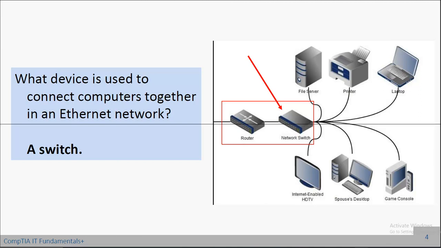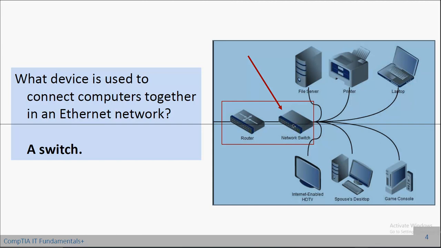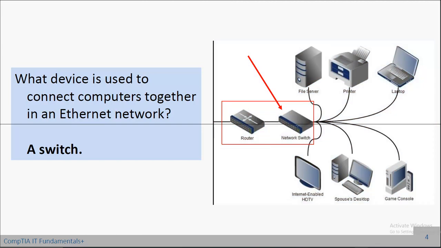And again, this is a very typical layout of a small office or an enterprise, you could say. But this is a very simple network. Now, as I just mentioned, in a lot of home or small offices, the router and the switch are basically combined into one device.